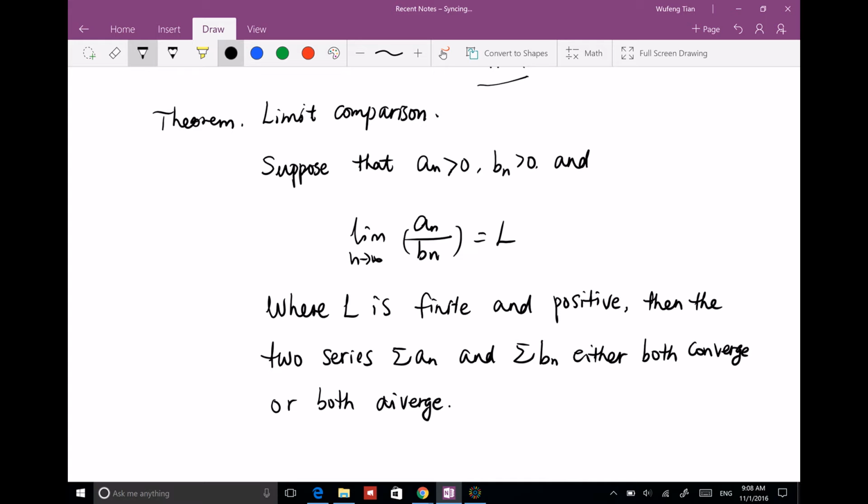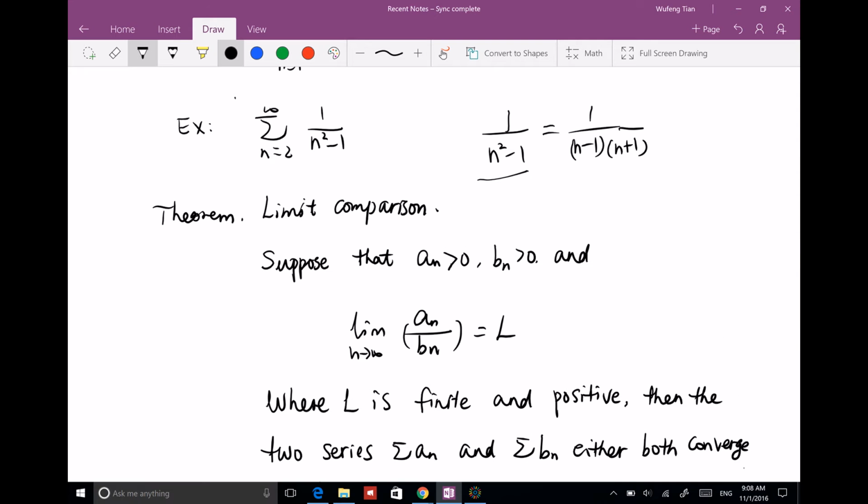Okay, so when L is finite and positive, then the series an and bn both converge or both diverge. It's kind of like you compare those two, you divide them, and take n to infinity, and it equals L. L is finite and positive.